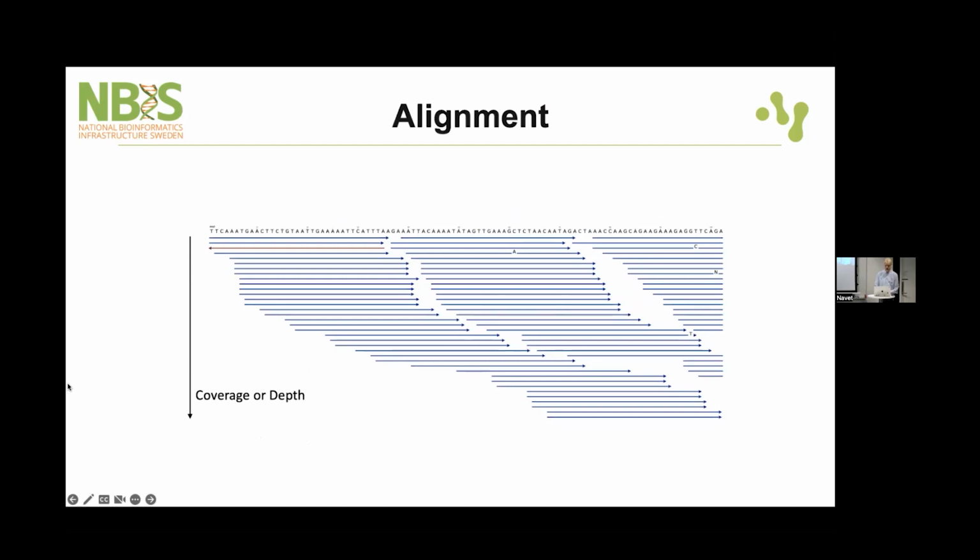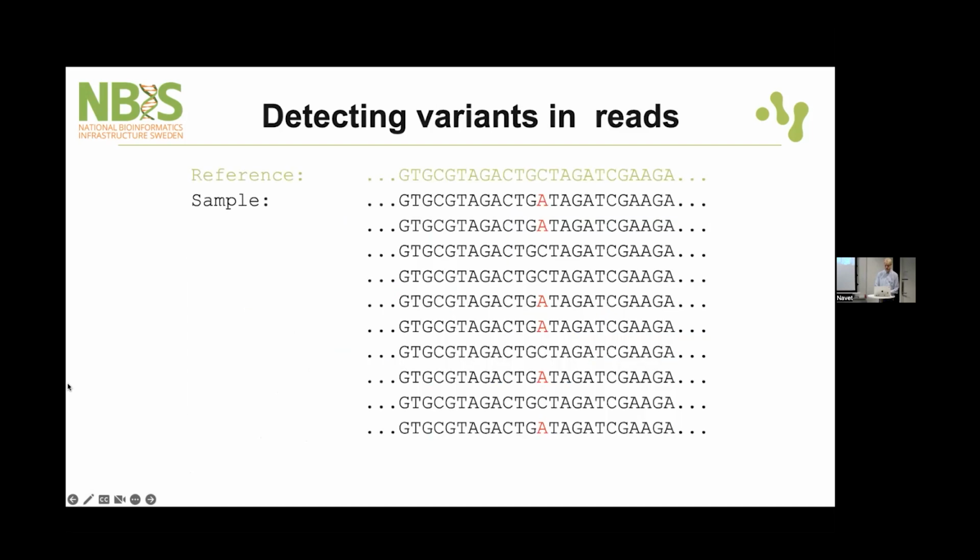Now, having aligned your reads to the reference genome, we often talk about coverage or depth, and that is simply the number of reads that cover a certain position in the reference genome. Now, if we find a mismatch in your sample compared to the reference genome, that may be called as a variant by the variant caller.